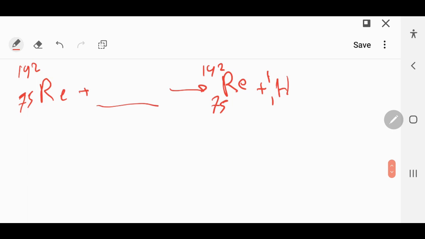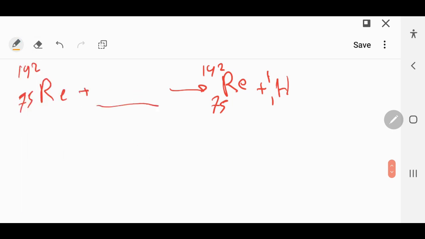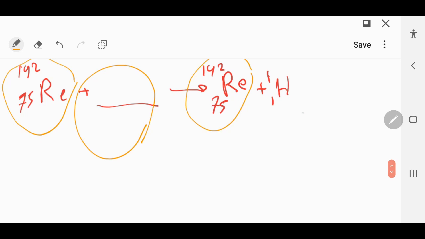Now here, because we have the same elements on both sides, the other species here must be equal to the one on the other side. So simply just H 1, 1. This is how we solve it.